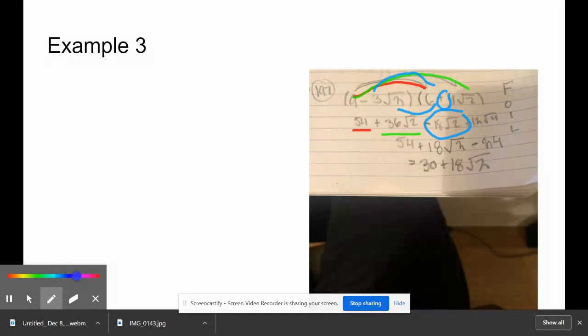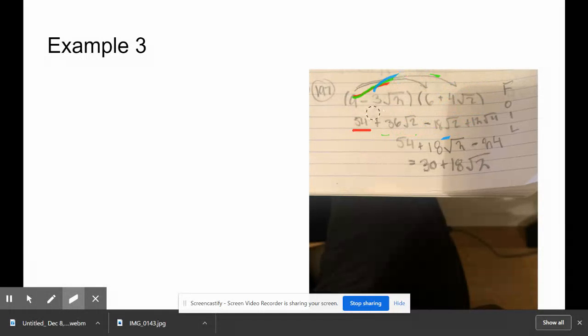And then our last would be this, -3 square root 2, and then 4 square root 2, right? So we foil that out: 54 plus 36 root 2 minus 18 root 2 plus 12 root 4.